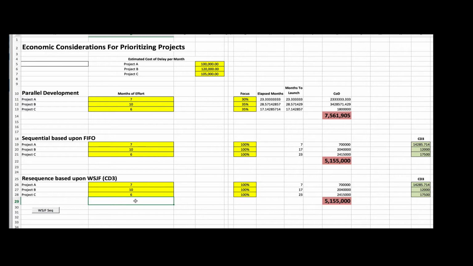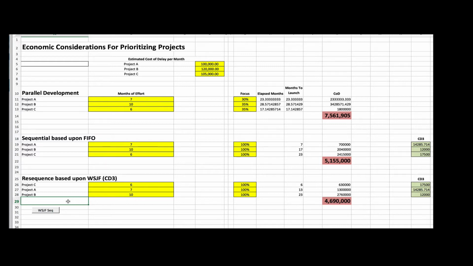This is a way to apply a general approach known as weighted shortest job first. And I have a little button here which will apply a resequencing, and it resequences quite simply by saying, well, we should start with project C first, and then proceed to project A, and then finally to project B.